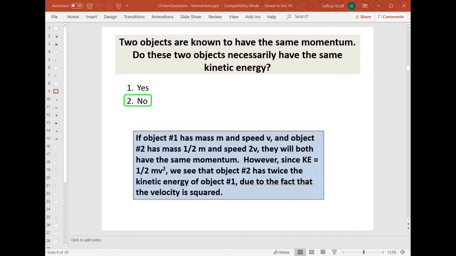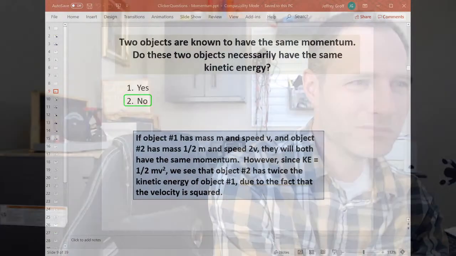So the reason why is this true? Both of these quantities, momentum and kinetic energy, depend on mass and velocity or speed. Mass and speed. Of course, momentum has a direction as well, but let's think mass and speed, the magnitude of the velocity.